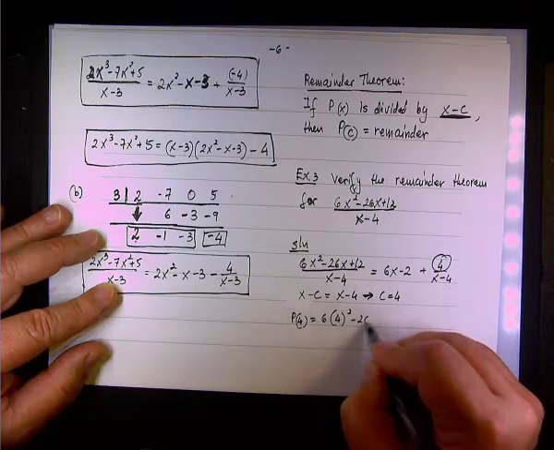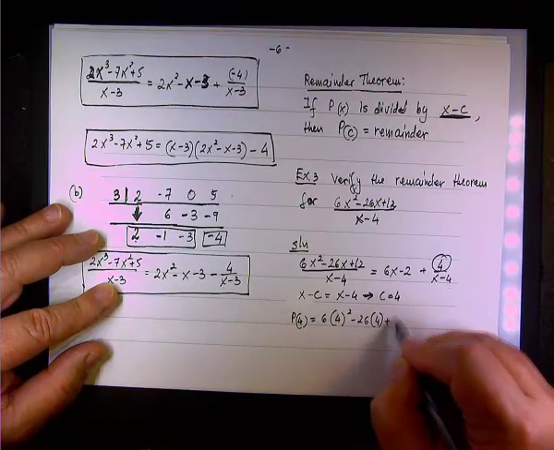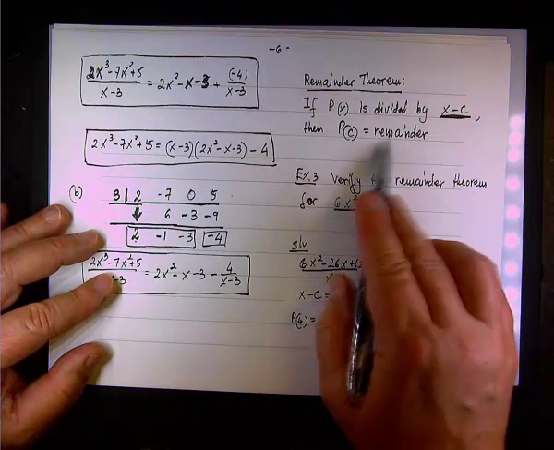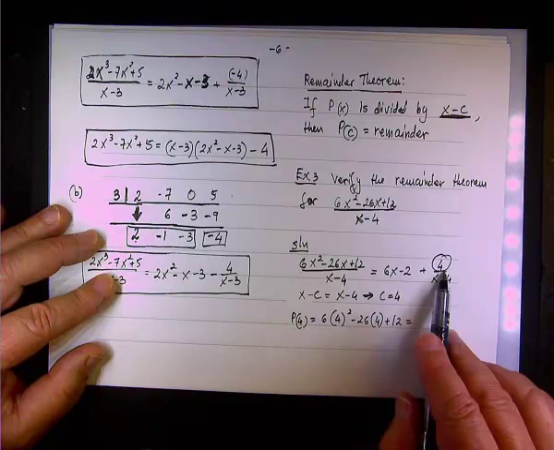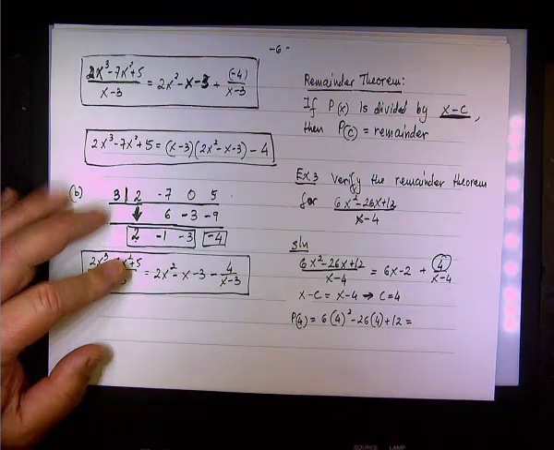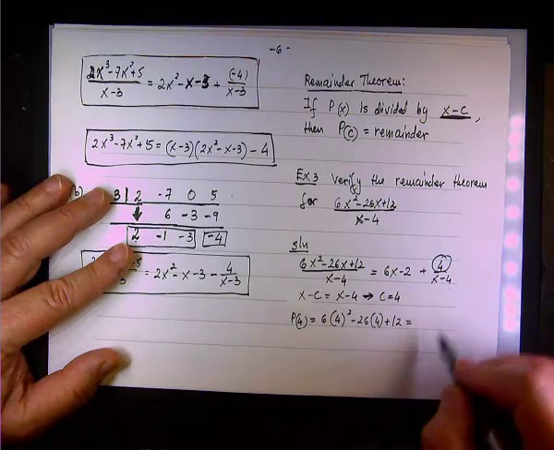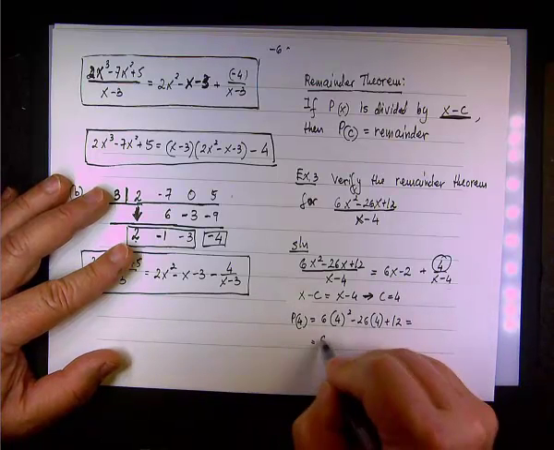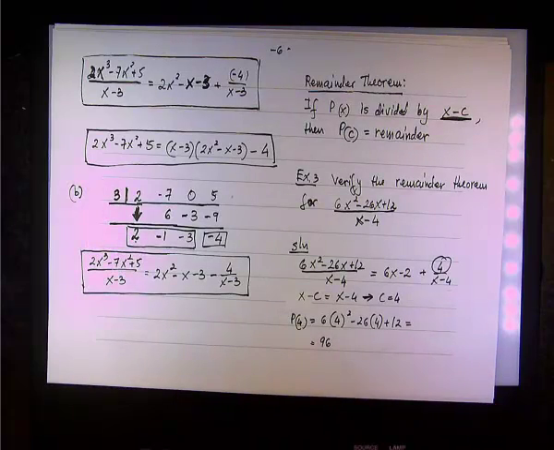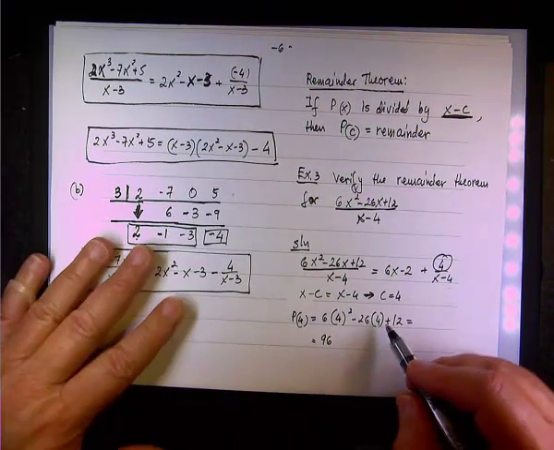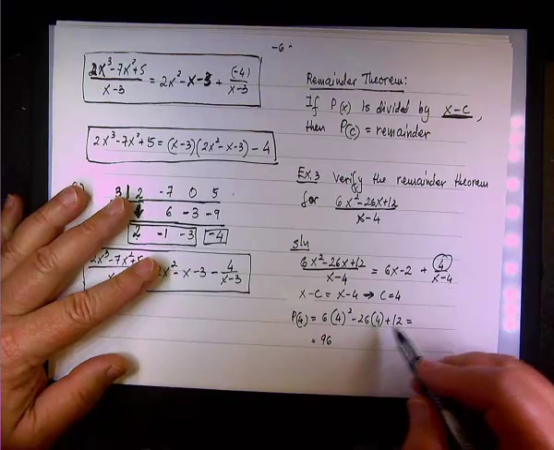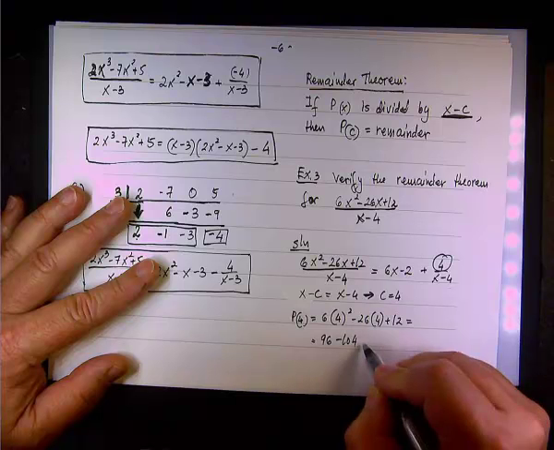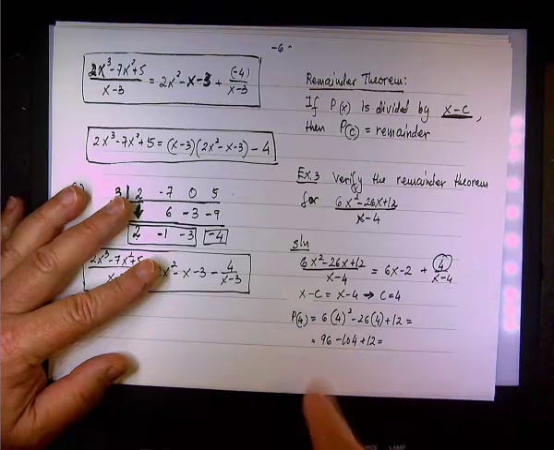Let me write it here underneath, because c and the remainder here are the same, so this may confuse you. x minus c is x minus 4, therefore c equals 4. If we want to evaluate P of 4, we have 6 times 4 squared minus 26 times 4 plus 12. Based on the theorem, we're supposed to have the remainder. So P of 4 is supposed to be 4.